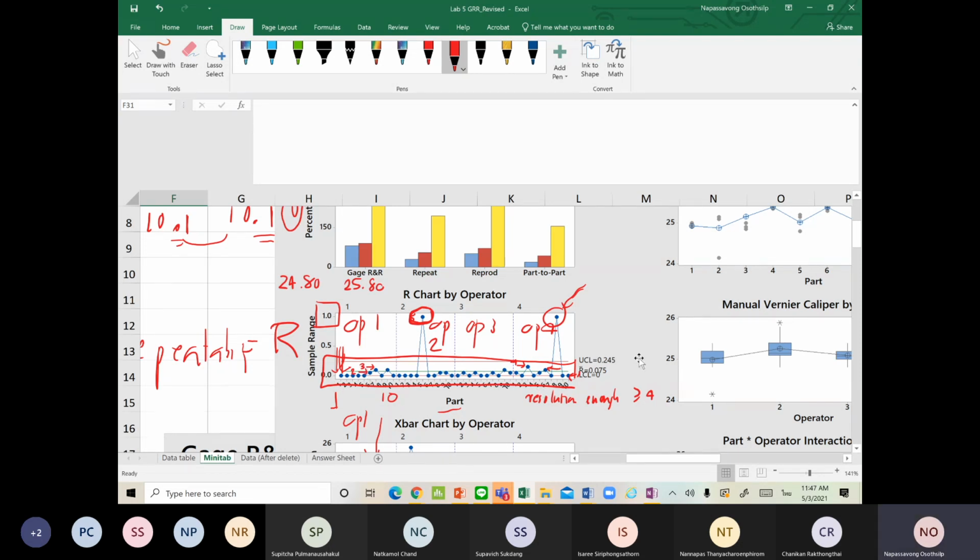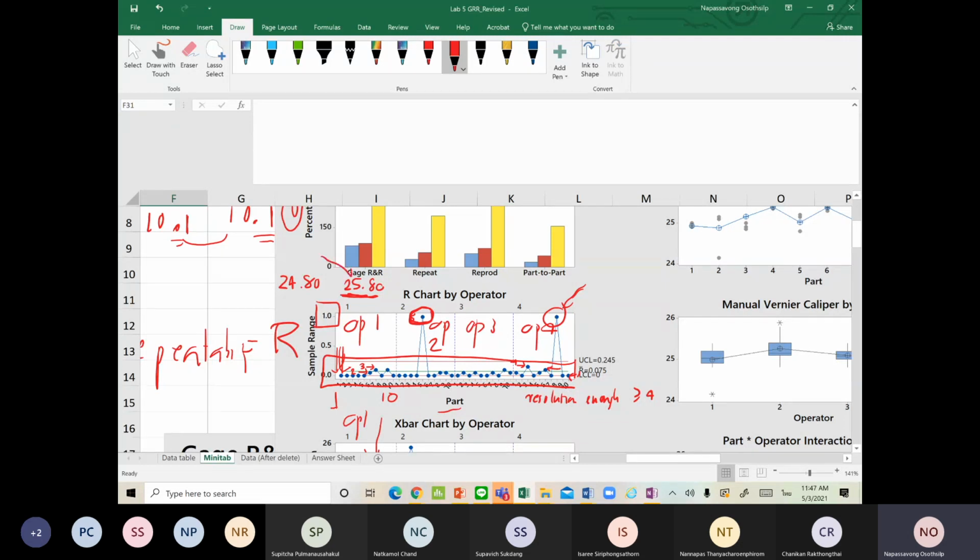Okay, and the reason for this is that when they figured it out, they knew that the second time they did the measurement, they recorded this number wrong.